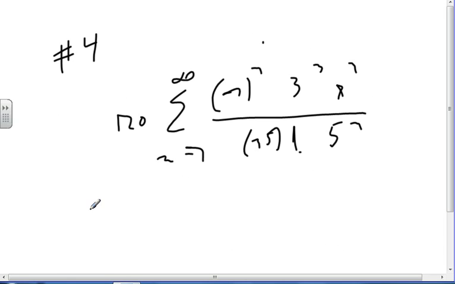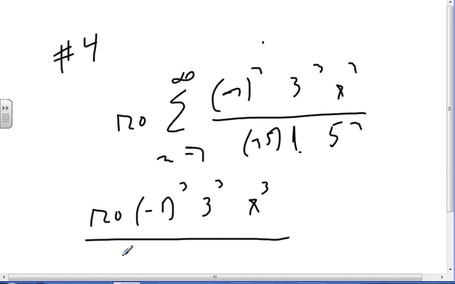So we're going to look at 120 minus 1 cubed, 3 cubed, x cubed, divided by 15 factorial 5 cubed. That's a huge number. 15 factorial times 5 cubed.